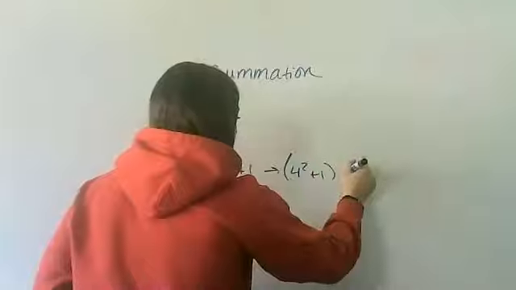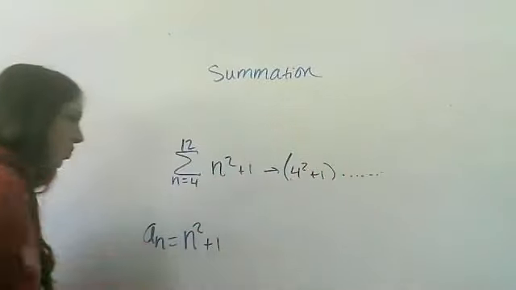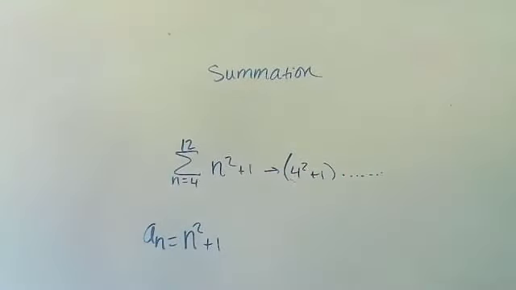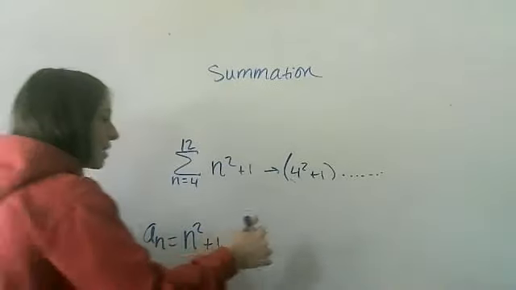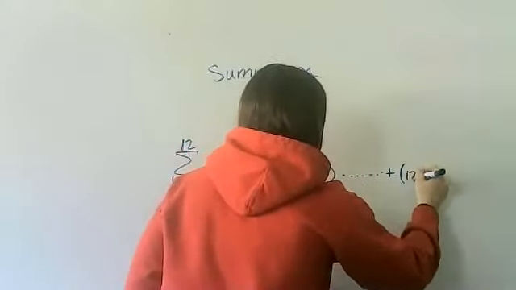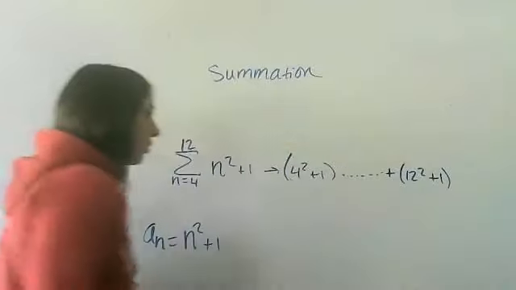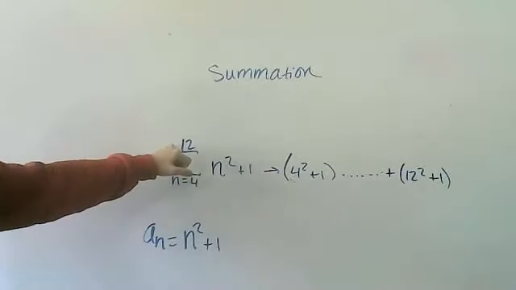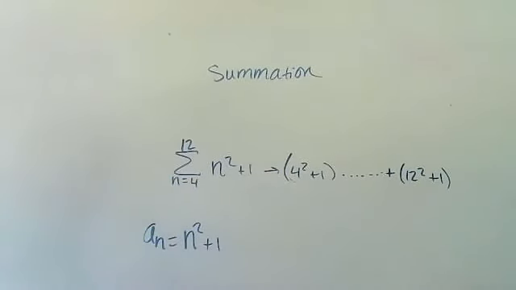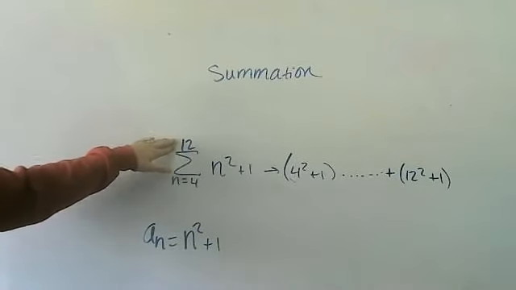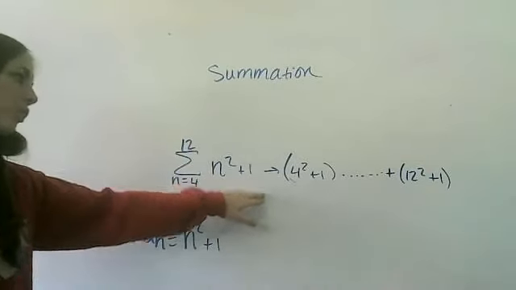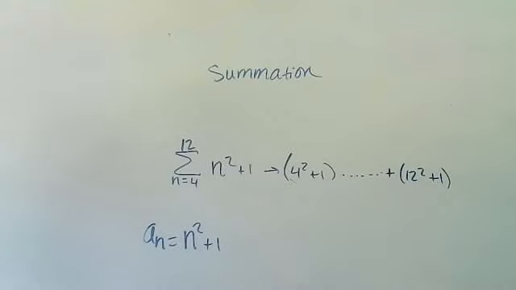And then I would go up to 5 squared and 6 squared and 7 squared and 8 squared and 9 squared and 10 squared, 11 squared. The very last one that I would write would be 12 squared plus 1. Okay, I went through all the numbers 4 through 12. So again, starting number, ending number, and how you're applying that rule in between.